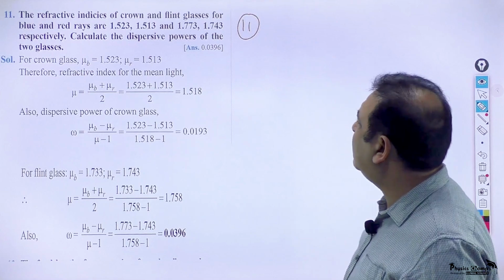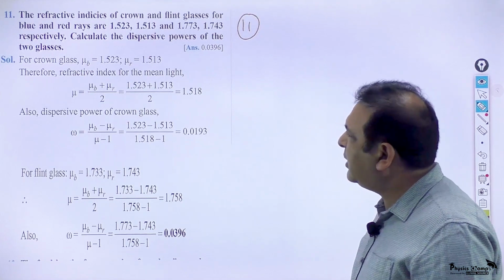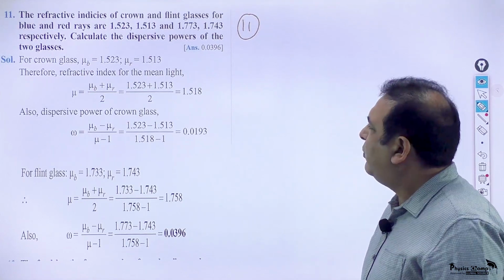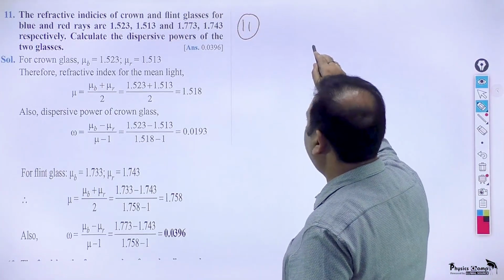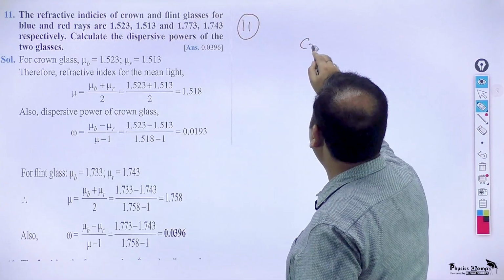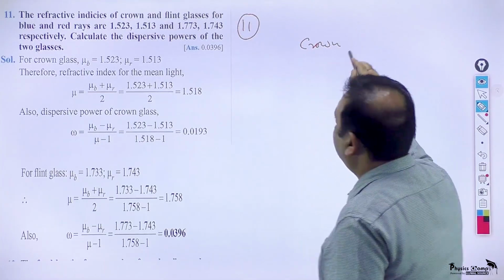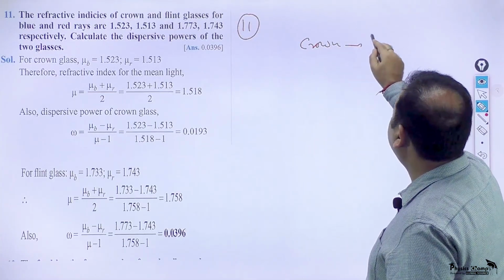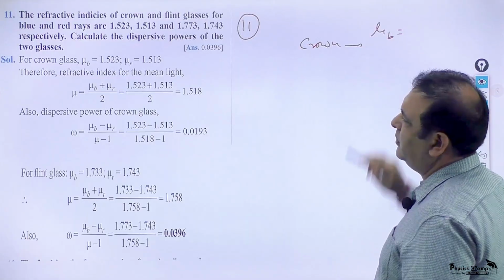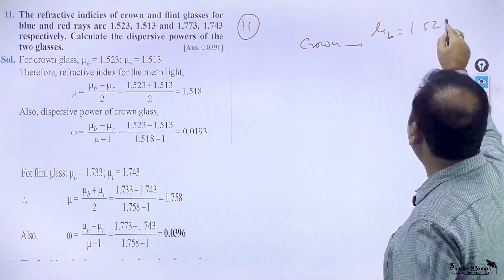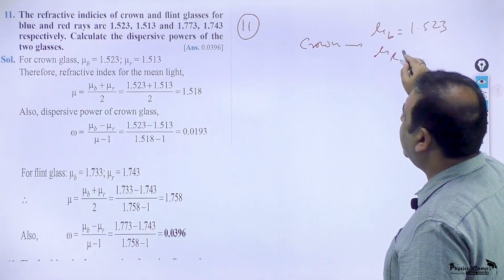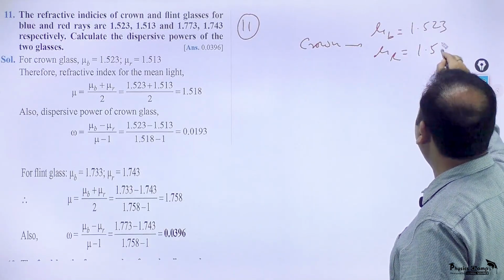The question says the refractive indices of crown and flint glass are given for blue and red rays. For crown glass, the refractive index for blue is 1.523 and for red is 1.513.